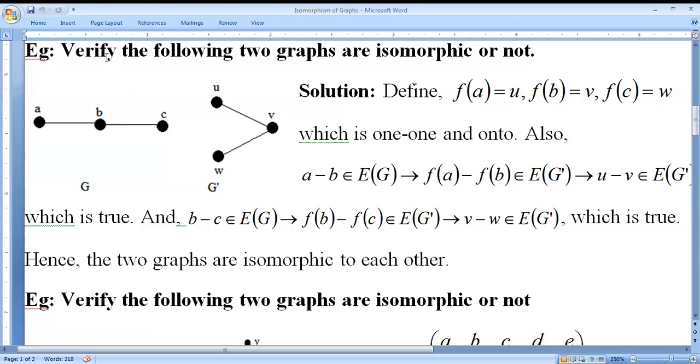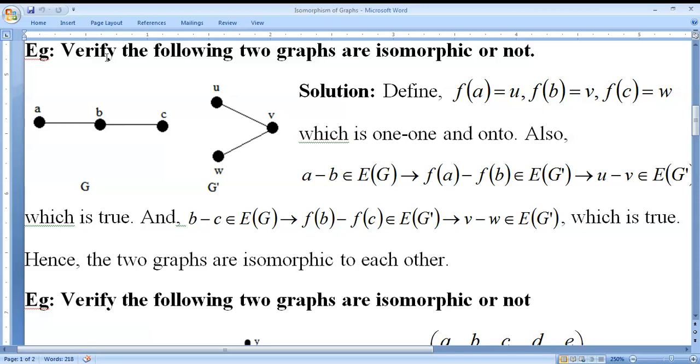According to the definition, these two graphs will be isomorphic to each other if there is a bijective function from the vertices of the first graph to the vertices of the second graph, and if uv is an edge in the first graph, then f of u, f of v must be an edge in the second graph.